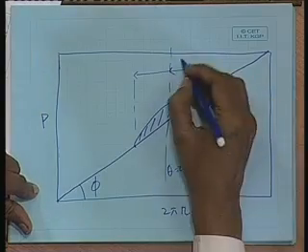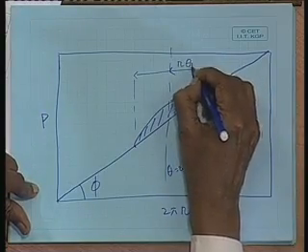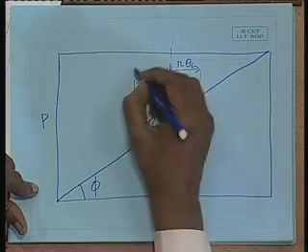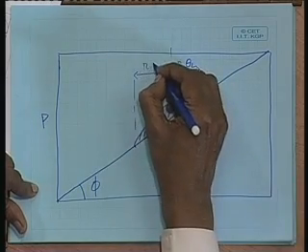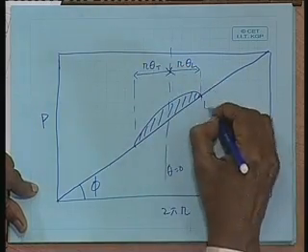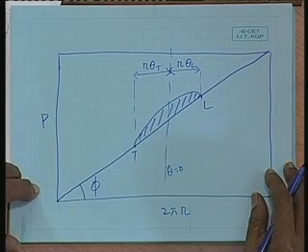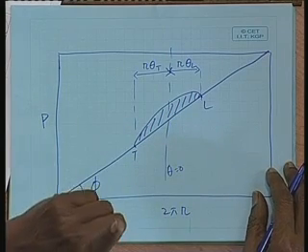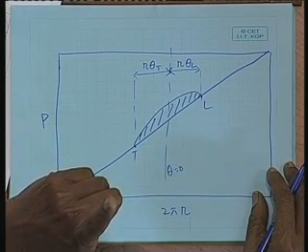What is that arc length? R into theta, whatever is the theta. So this distance is r into theta L, and this distance is r into theta T, trailing edge. This is L, this is T. The projections, mind you. Right?